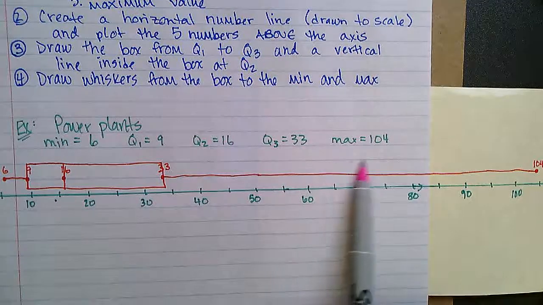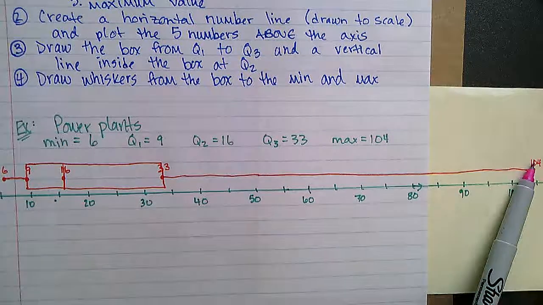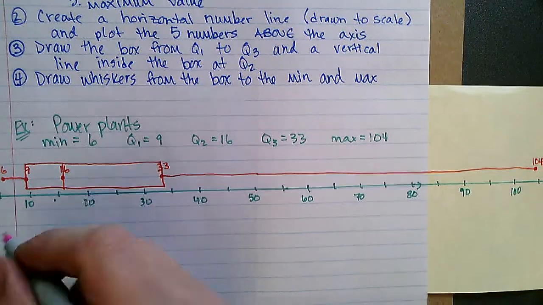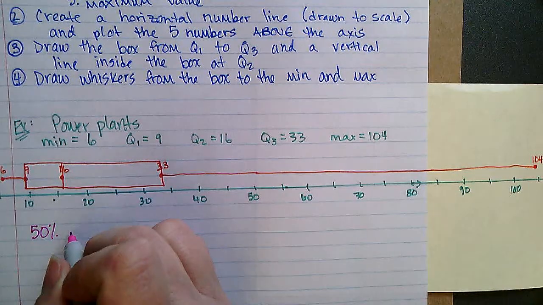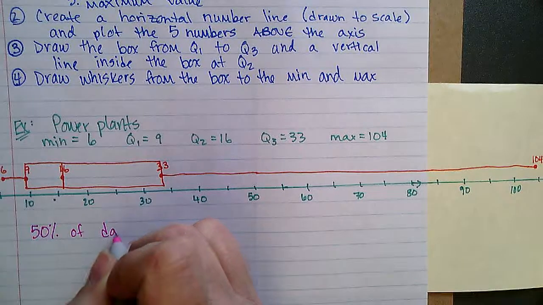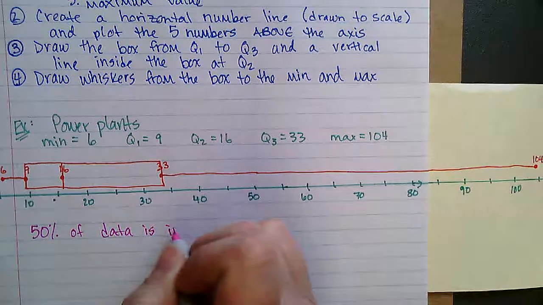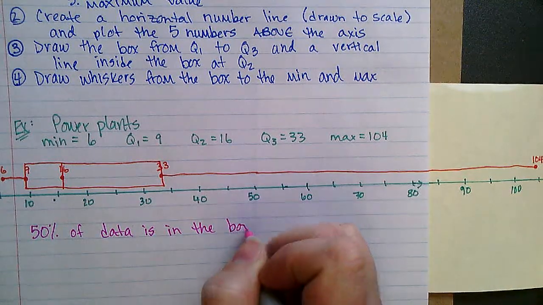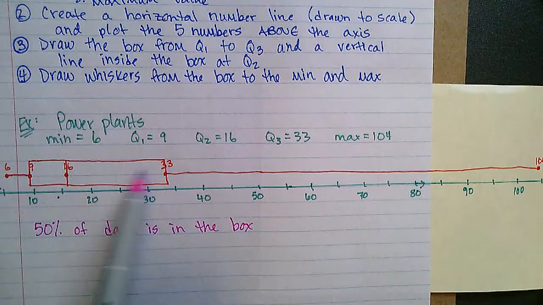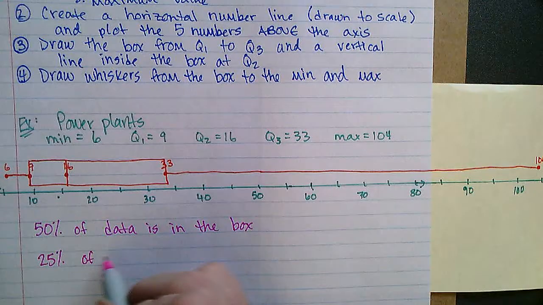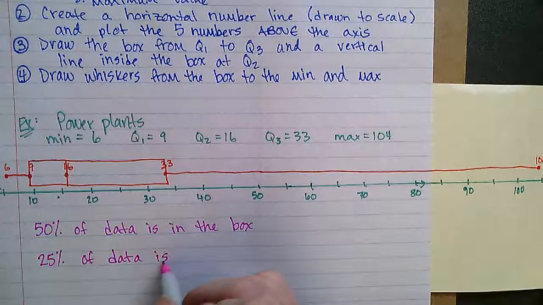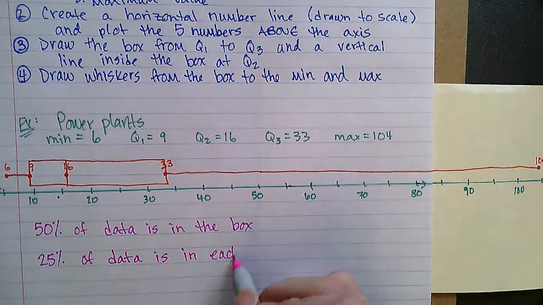The top 25% of the data is really spread apart. What we've got going on in the box is that 50% of the data is in the box. So half of my data values are represented in this box. And then 25% of the data is in each of the whiskers.